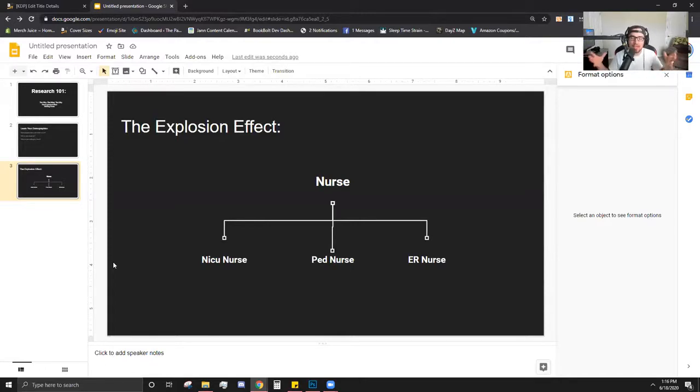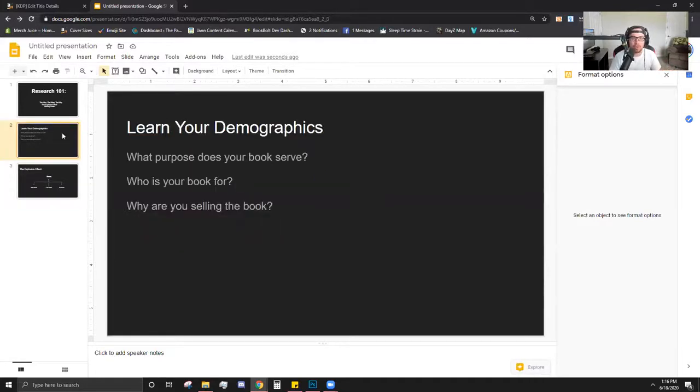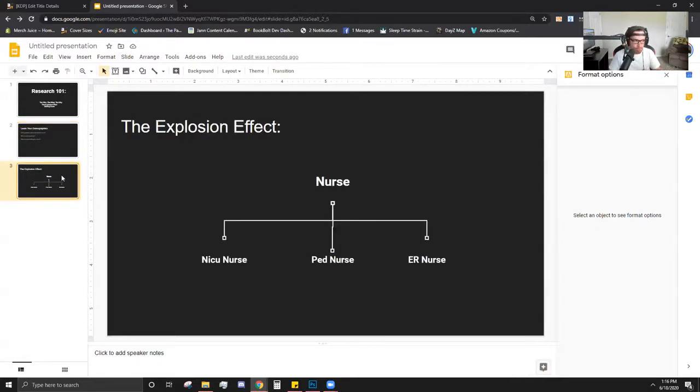So there's a wide variety of things ER nurses see, compared to a NICU nurse that's neonatal, so premature babies, babies with some issues, and they're not going to see the same type of things that an ER nurse sees. So the difference in language that they speak, the difference in their everyday procedures are going to be completely different. That is why it is important to understand your demographic, understand their language, how they talk, and all of these things can start combining together.